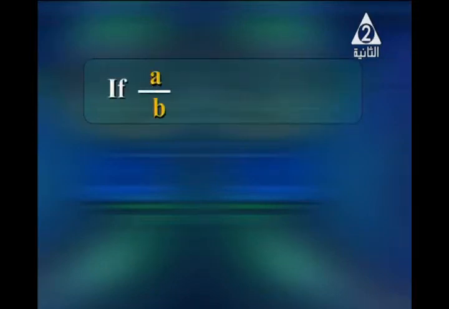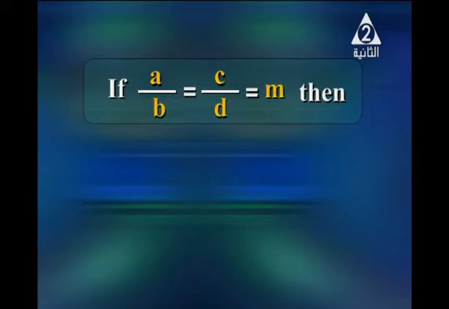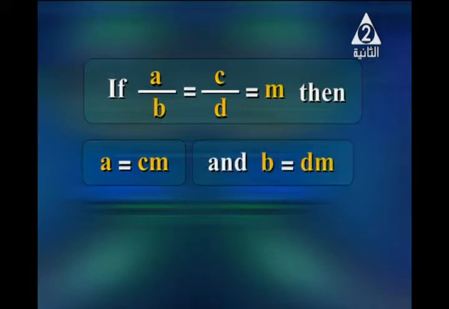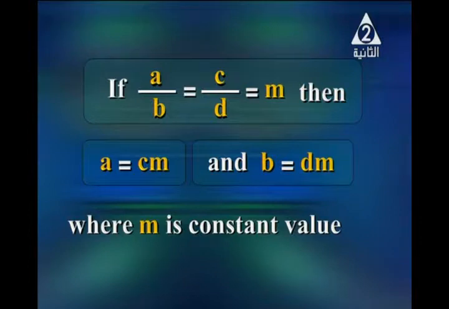If A over B equals C over D equals M, then A equals CM and B equals DM, where M is the constant value, not equal to 0.